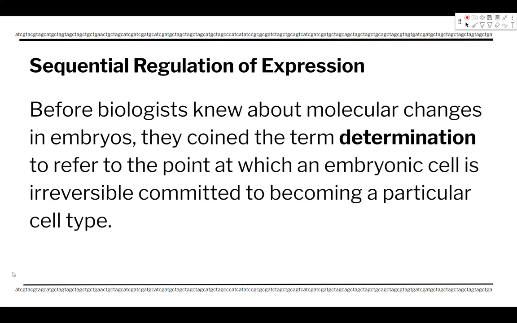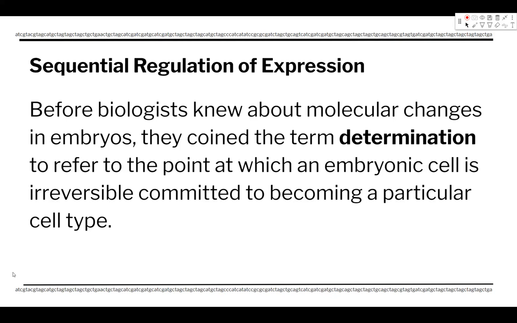There was a specific point that we called determination, where after this step in embryonic development, this cell was going to be a skin cell, this cell was going to be a heart cell, this cell was going to be a lung cell, and there is no going back.